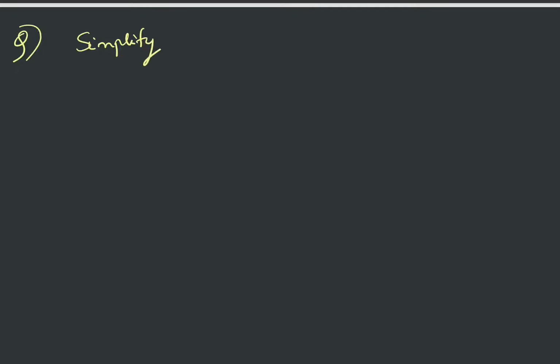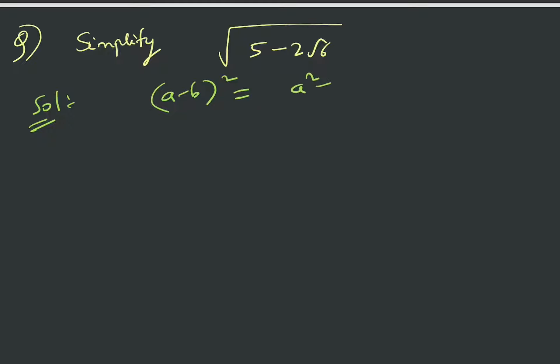Say simplify the square root of 5 minus 2 root 6. So again here I will try to express it as a minus b whole square. A minus b whole square is a square plus b square minus 2ab.